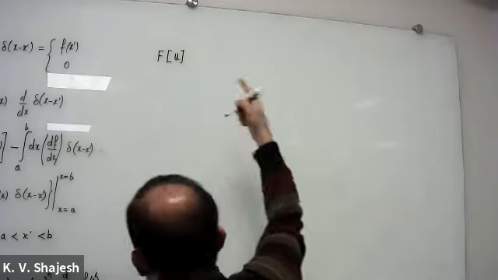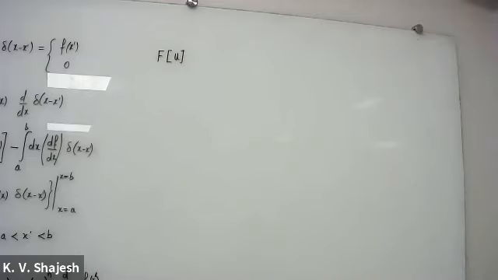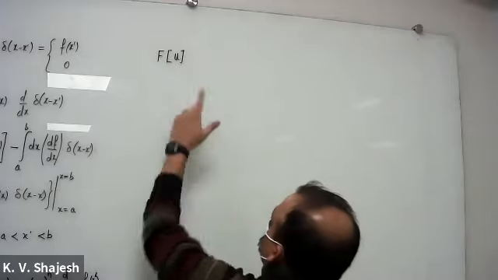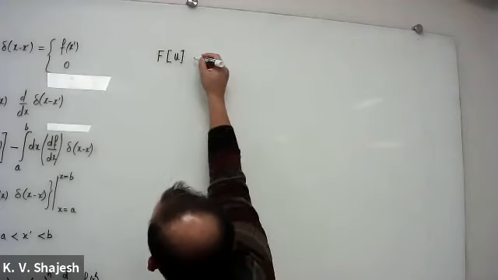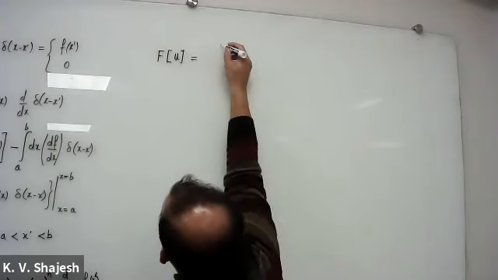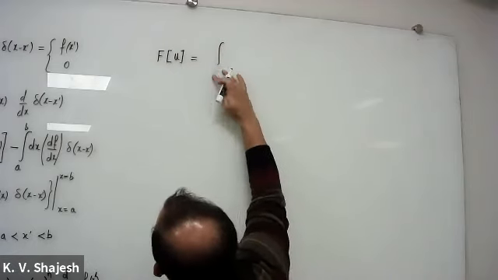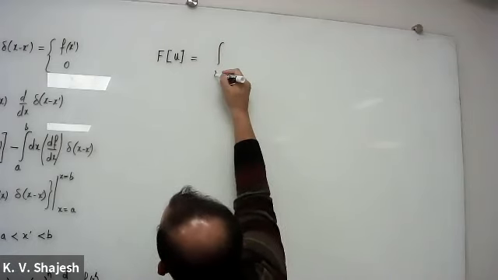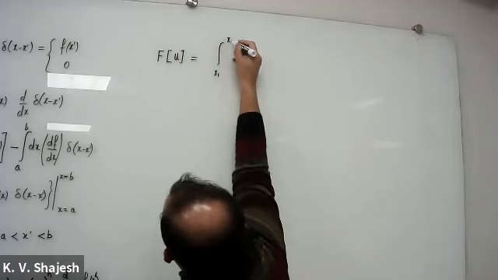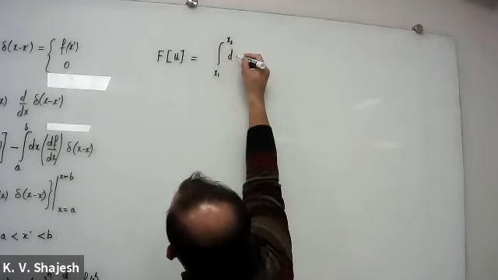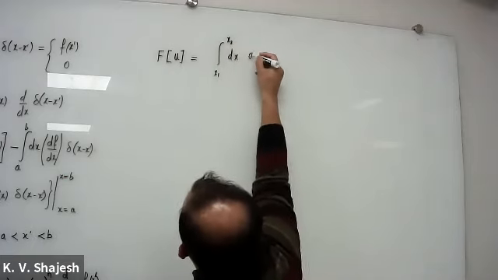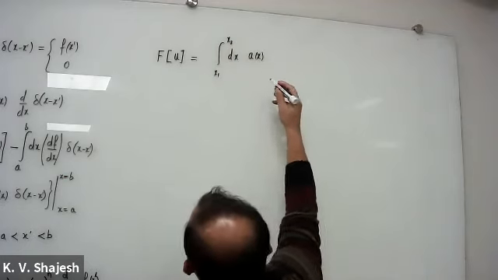And by u in square brackets, I mean that this is a function of a function, of all possible functions, a distribution of functions, if you want. And this is the integral from x1 to x2 of a of x times u of x.